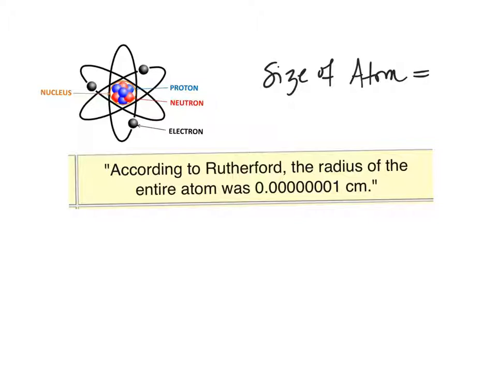Okay, so here we have a really, really small value. I don't even know if I can say it, right? So this is tenths, hundredths, thousandths, 10,000ths, 100,000ths, millionths, 10 millionths, 100 millionths.